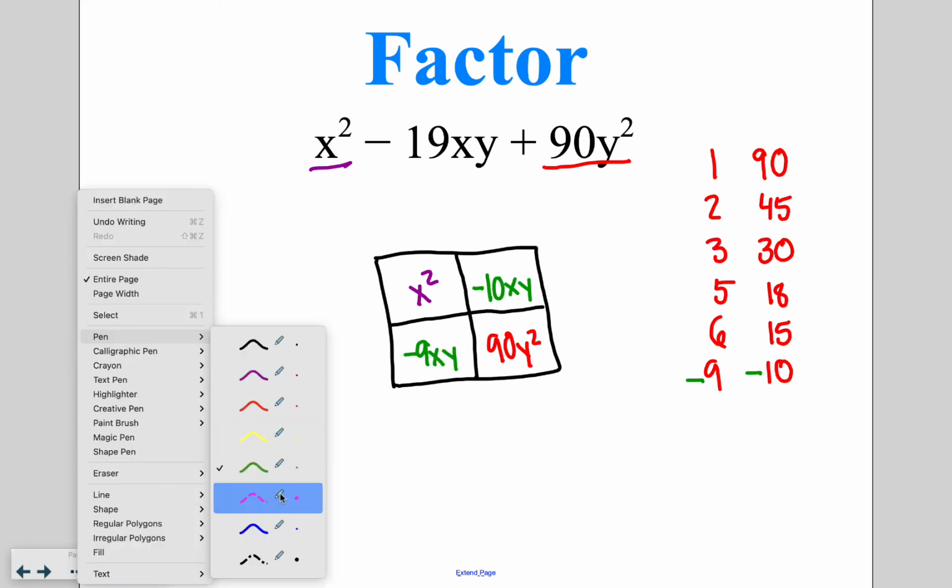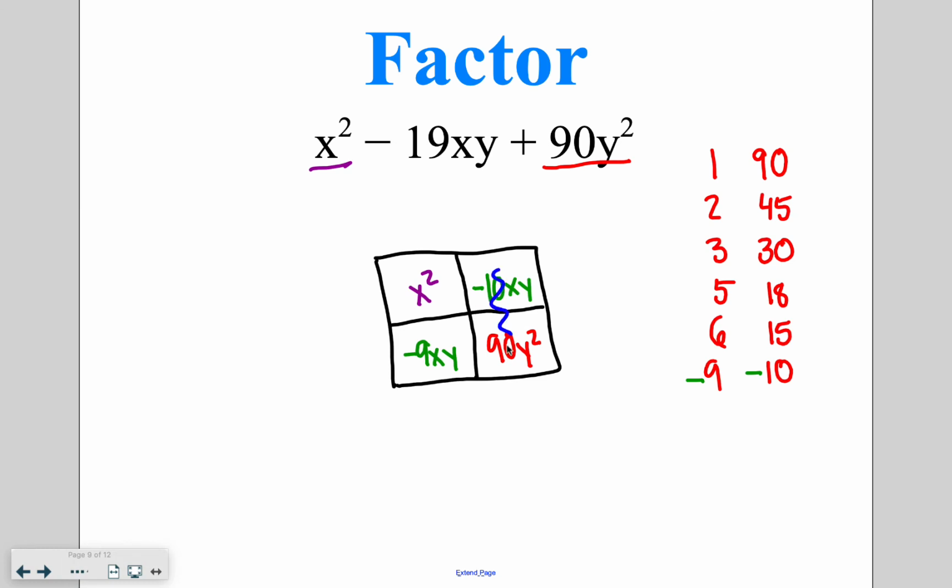Then I'm going to go ahead and pull out, after ignoring that part, my greatest common factor of the first two. The only thing that they have in common is x. So now to get from x to x squared, I need another x. To get from x to negative 9xy, I need a negative 9, and I also need a y. So then we look across.